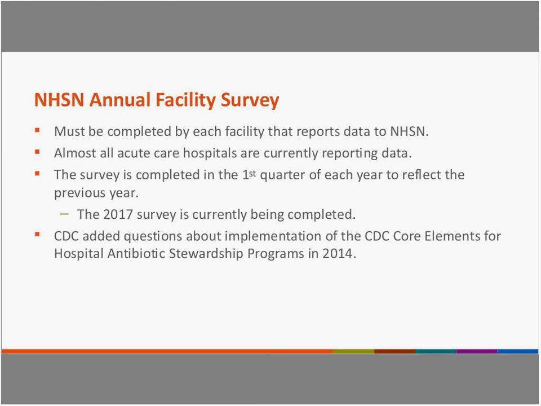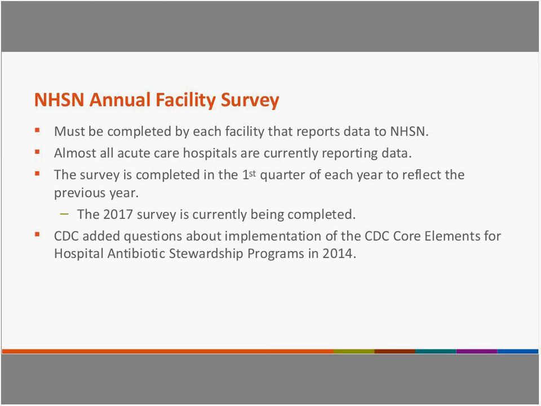So for example, we are in the process of sending out the survey to ask about practices in 2017. So the survey administered in 2018 covers practices in 2017. We added questions about the implementation of antibiotic stewardship programs, specifically the implementation of the CDC core elements for hospital antibiotic stewardship programs, to the survey in 2014.